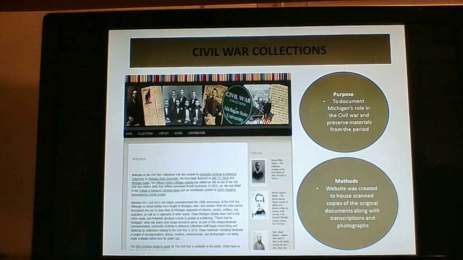Michigan wasn't part of the war, but it played an active role in the Civil War in that it supplied food and provided healthcare services for injured participants of the war. And so the method used is that a website was created to house scanned copies of the original documents along with transcriptions and photographs.